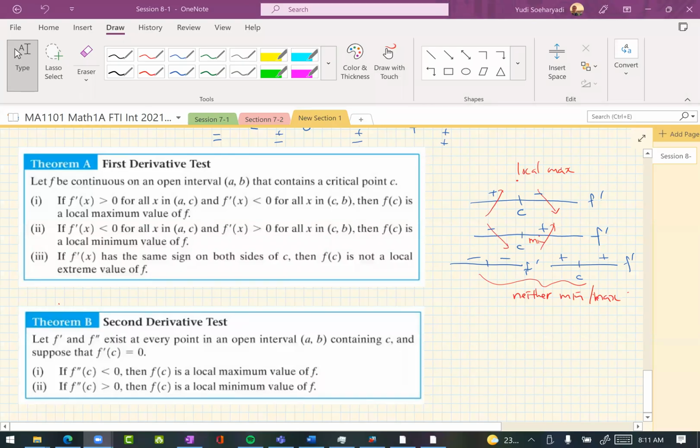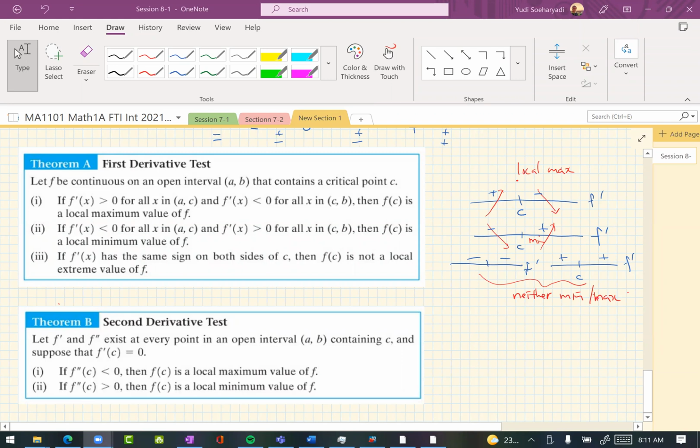All right, so this is the first derivative test. It tells you about local min or max based on change of signs for the first derivative.